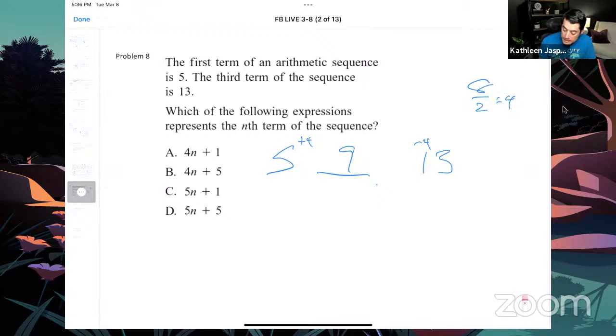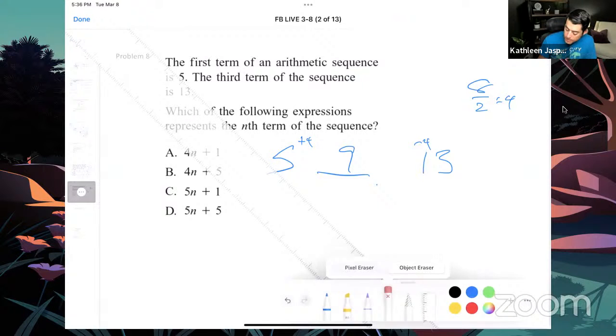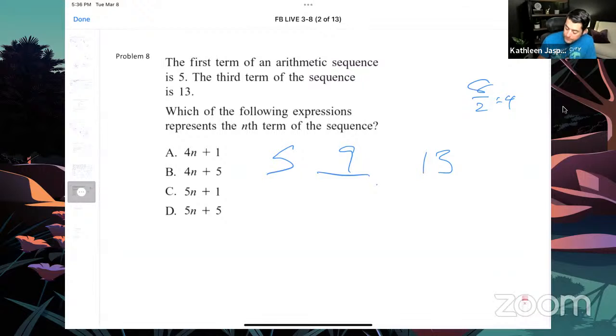So I've got 9 as the middle. So if I do +4, I get 9. If I do +4, I get 13. So that's my pattern. I'm counting by 4s.